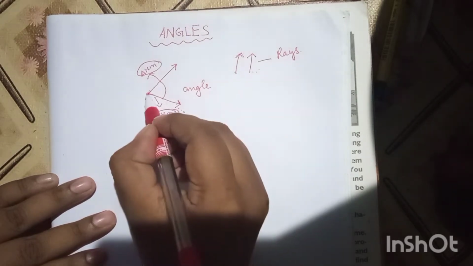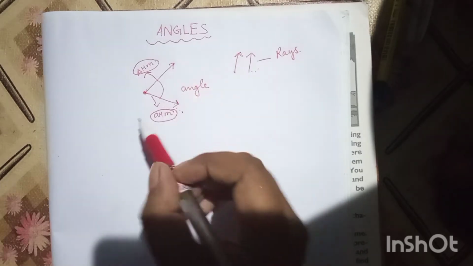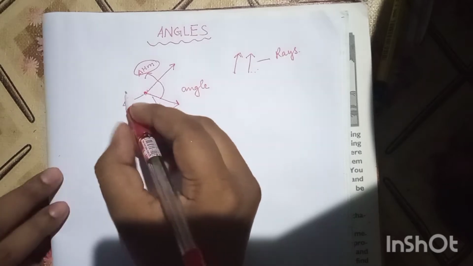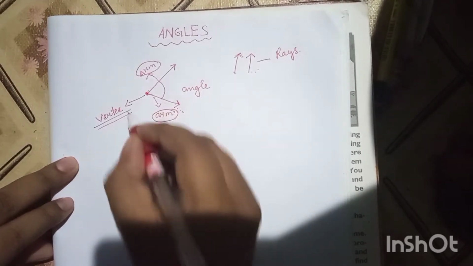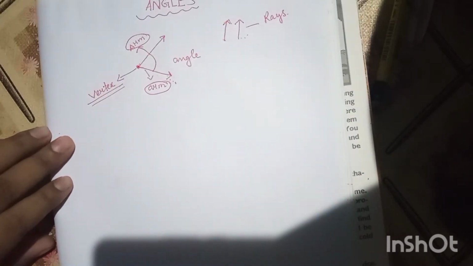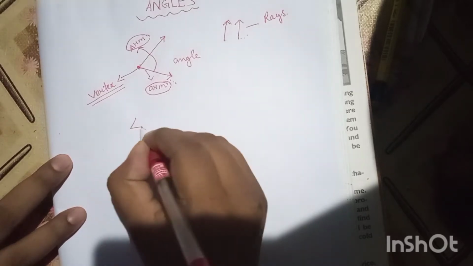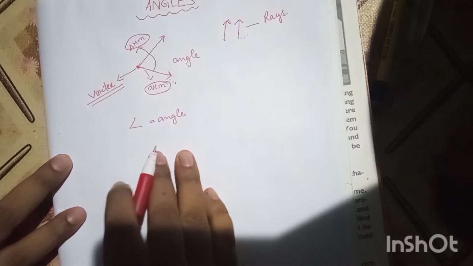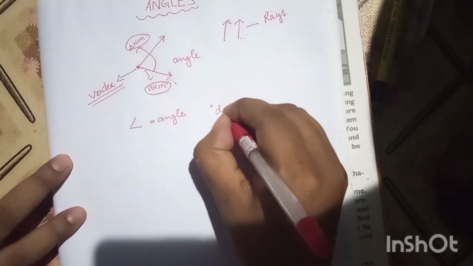The common endpoint, where both the rays join, is called the vertex. Dear students, this is the symbol for angle, and an angle is measured in a unit called degree. This is the symbol of degree.